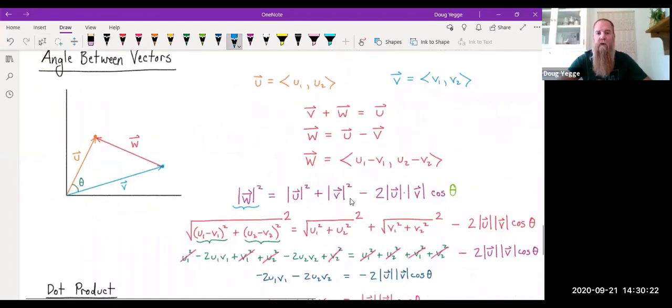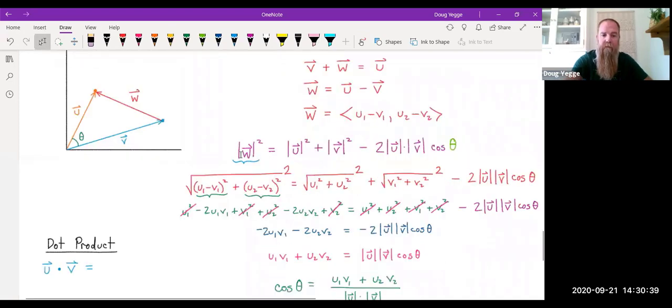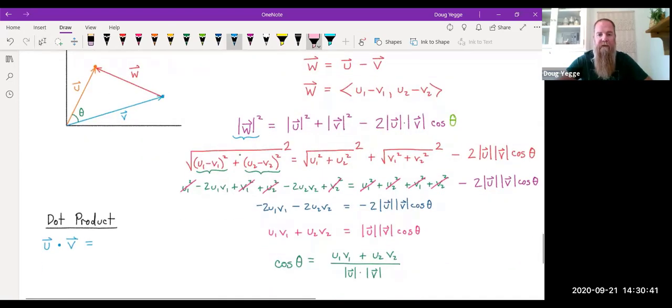When I say u1 v1, that's just simply saying multiply the x component here times the x component here. Then it says multiply the y component times the y component, then add them together. And that's exactly what u dot v is going to be.